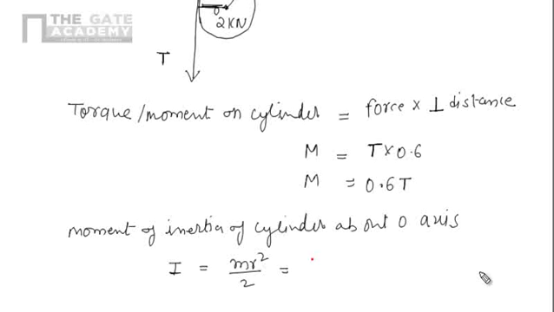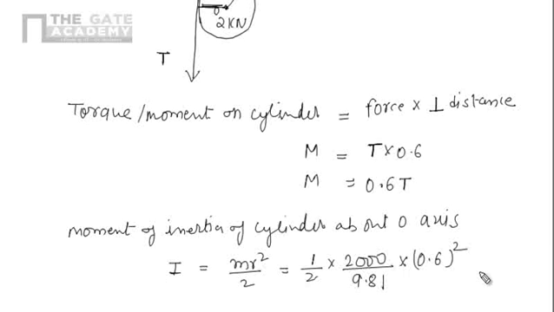So the mass of the cylinder is 2000 Newton divided by 9.81. Here the radius is 60 centimeter, so we have 0.6 meter. So this is the moment of inertia of the cylinder about the axis passing through O.